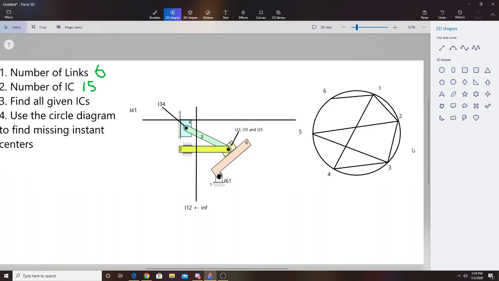So, Muhammad, you are correct. That is the one I was just getting ready to talk about. So we have I6 or I56, which is between this block and this slider. So what would we do about this one? Remember, it is a sliding contact once again, so how does this one look?